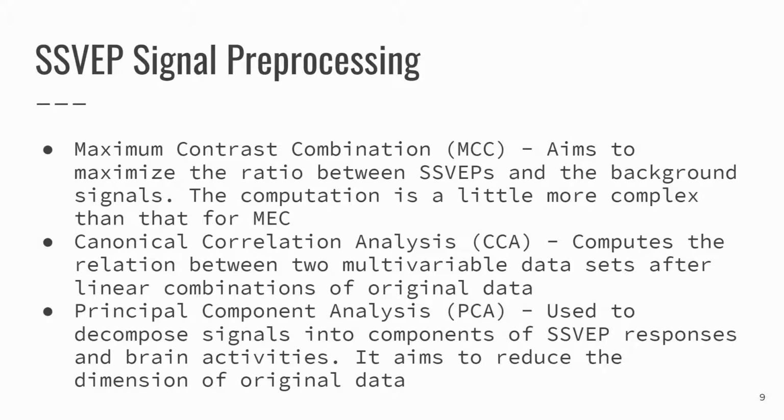Next is canonical correlation analysis, which computes the relation between multivariable data sets after a linear combination of the original data. Next is principal component analysis, which aims to reduce the dimension of the original data and align it to the principal component.